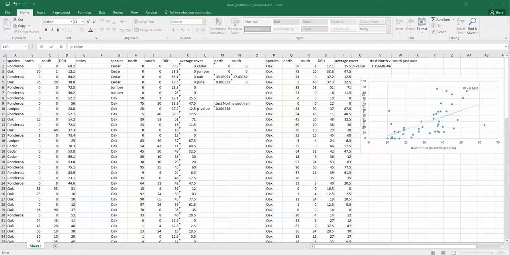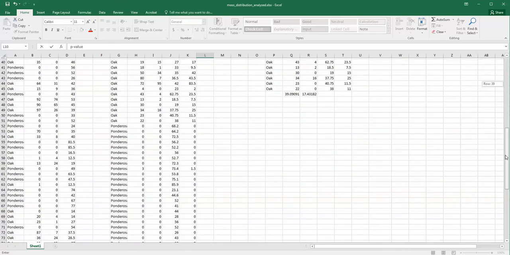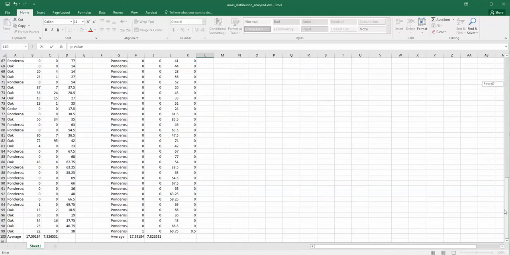And then in this column, it's the diameter of the tree at breast height in centimeters. So you can scroll down and you can see that the class sampled 99 trees total.